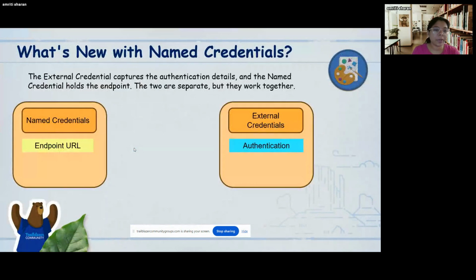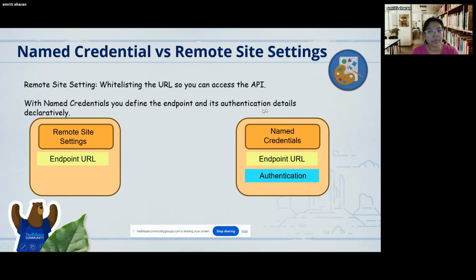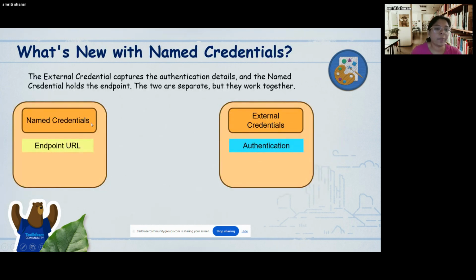So what's new in named credential? Earlier, we saw that endpoint and authentication were part of the named credential itself. But now they have put the endpoint in the named credential and authentication in external credentials. Sometimes people get confused about named credentials and external credentials.